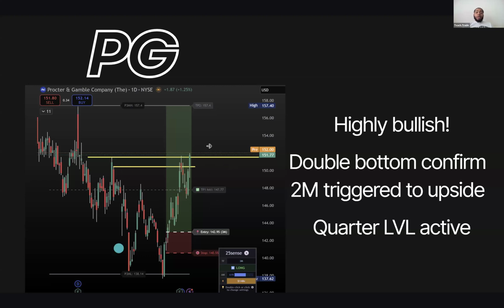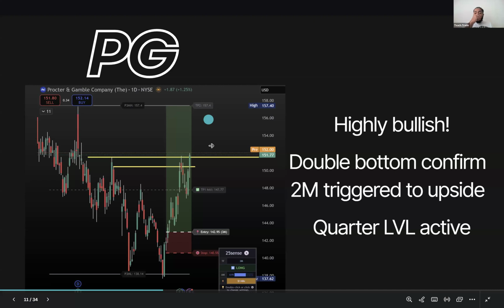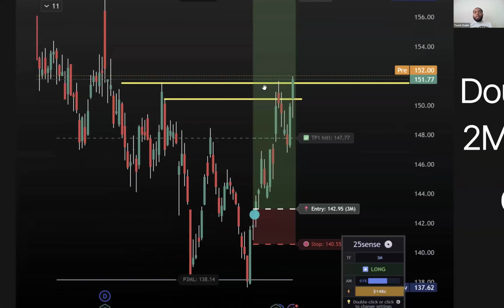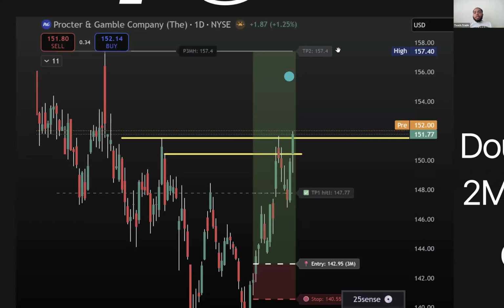PG was active on the quarter, which means until the end of March, PG has the ability to get to 157. You see the setup showing here, and it can keep going for another really big move to claim the rest of this range.